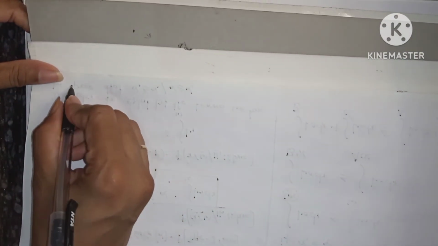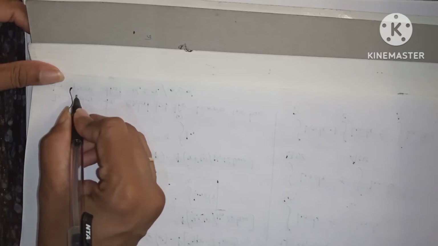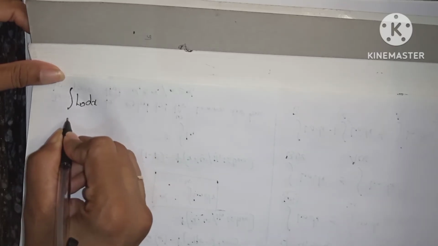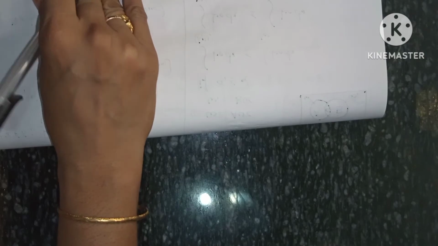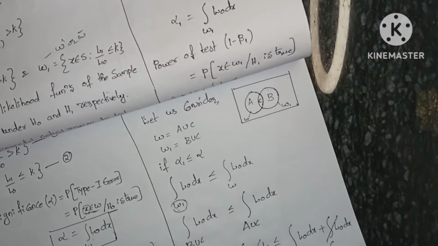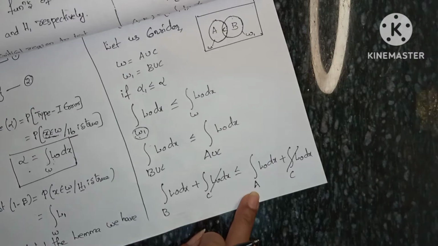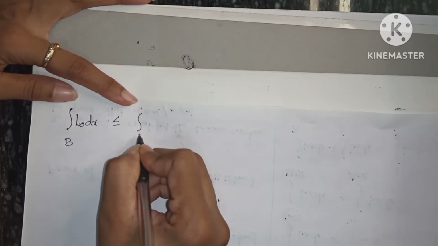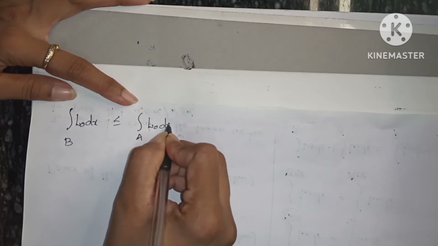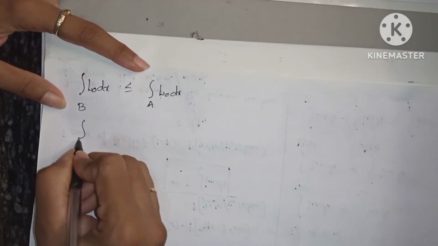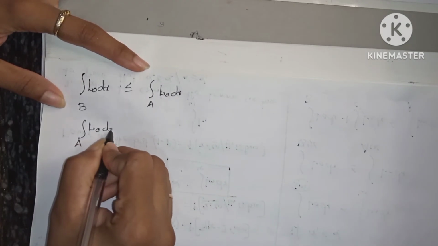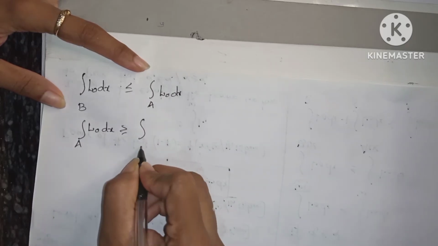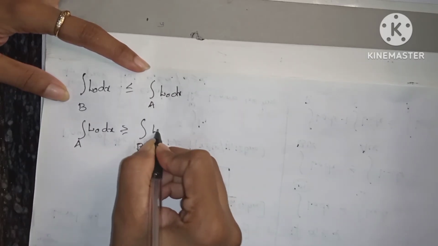So the integral of L naught dx over B is less than or equal to the integral of L naught dx over A. This can be written as the integral over A of L naught dx greater than or equal to the integral over B of L naught dx.